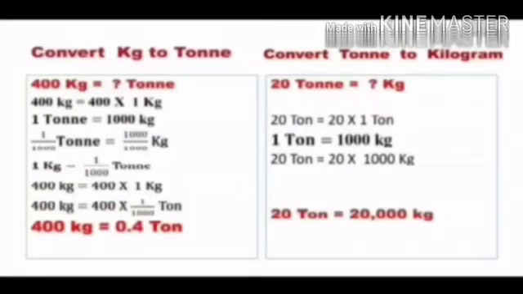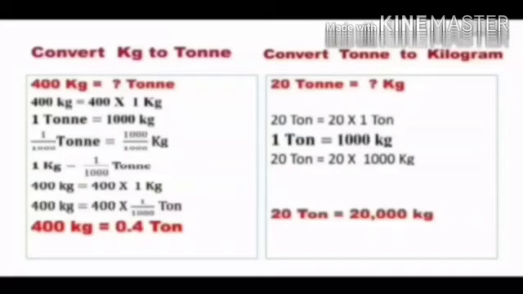Take an example how to convert 400 kilogram to ton. 400 kilogram can be written as 400 times 1 kilogram. We can write 1 over 1000 ton in the place of kilogram.